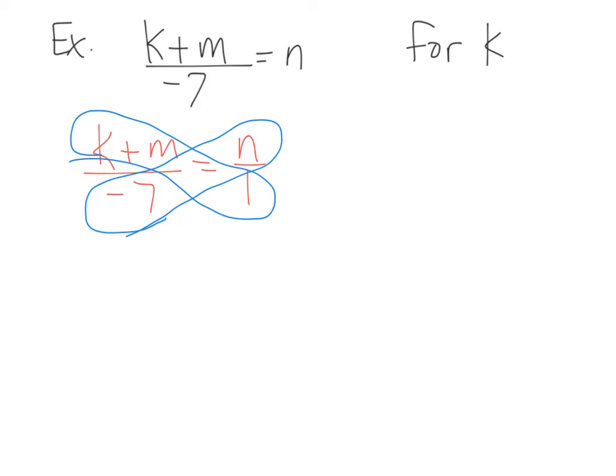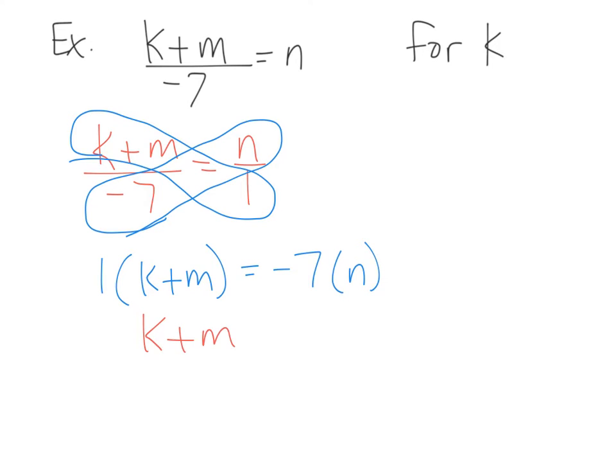So I'm going to multiply the 1 times k plus m and set that equal to the negative 7 times n. So then my next step, well, 1 times k plus m is simply k plus m, and negative 7 times n is negative 7n. Well, now again, I'm solving for k, so I want to move everything to the other side.